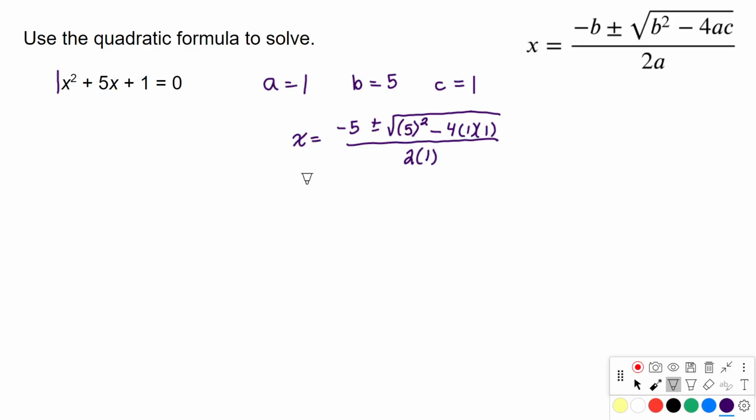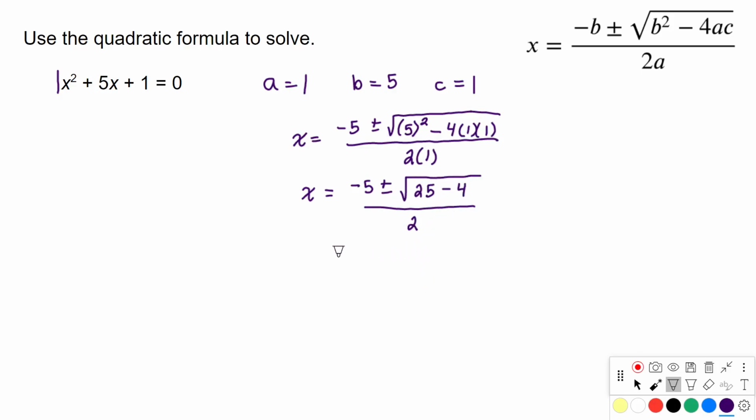So we have x equals, at this point it is just simplifying using our order of operations. We have negative 5 plus or minus the square root of 5 squared, that's 5 times 5 is 25. And then you can think of this as negative 4 times 1, which is negative 4, times 1 is still negative 4, so 25 minus 4, all over 2 times 1 is 2.